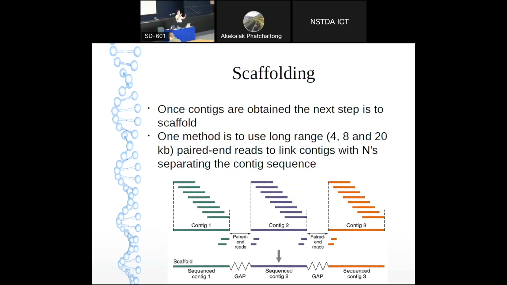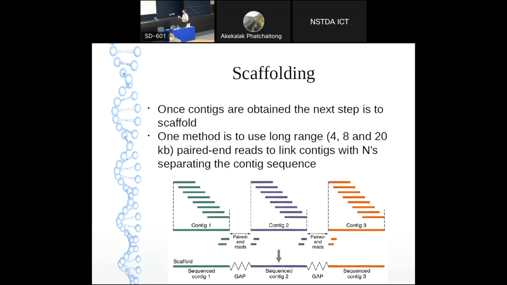And because you know roughly the average size between those, you can say that those 2 reads are 20 kilobases apart. So if you map those reads then to the resulting contigs, and 1 read maps to this contig, while the other read maps to this one, then you know that there's about 20 kilobases of sequence in the middle, which is likely to be a repeat.